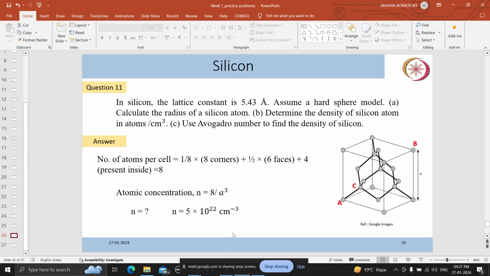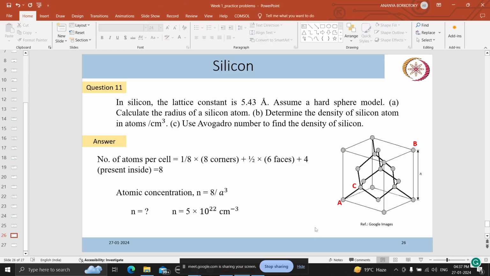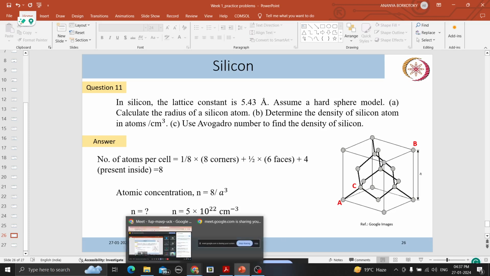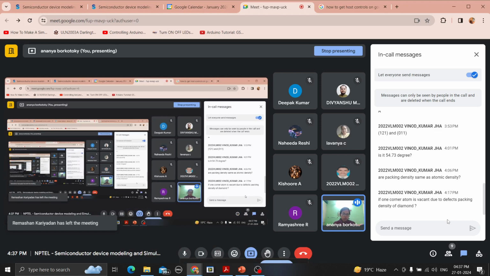Anybody has other questions? I don't have more questions. We still have time. Someone has asked one question: if one corner atom is vacant due to a defect, what is the packing density of diamond?